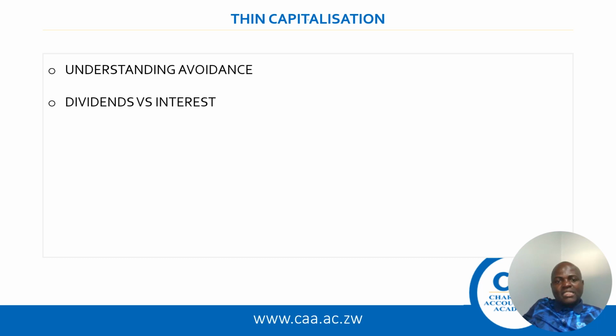I can repeat that. Where Zimbabwe has a high rate of tax, it is advantageous to up the allowable deductions, reduce the taxable income, and reduce the tax payable for the company that is paying out the interest.